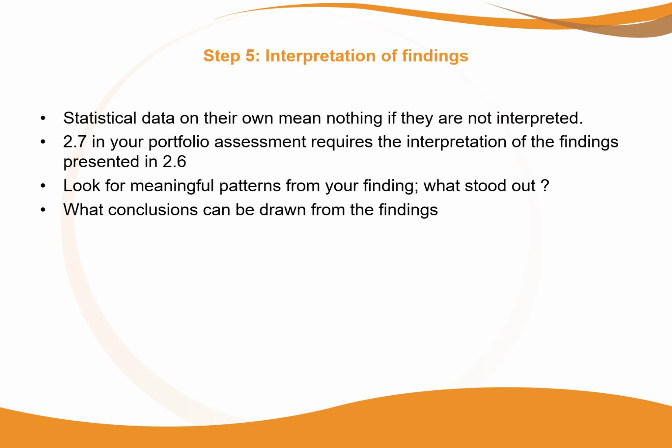You have presented your data using either a graph, a table, or a chart, right? Those are statistics. That alone does not say anything, so those results should be interpreted. How do you interpret the results? You look for meaningful patterns from your findings, and then you discuss those.